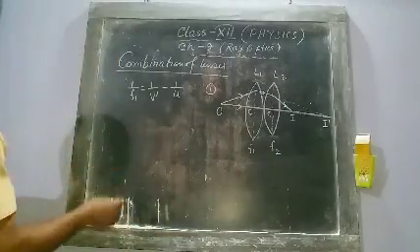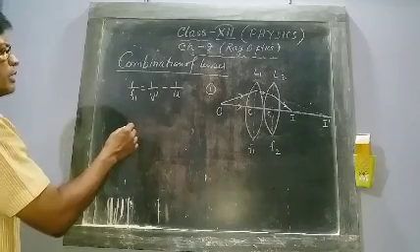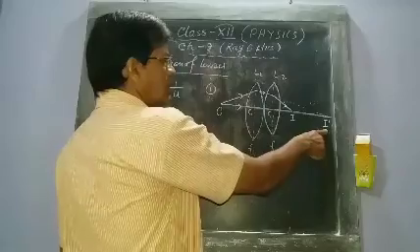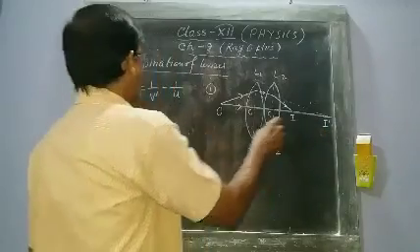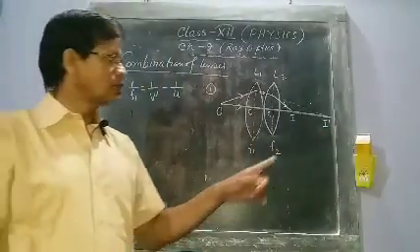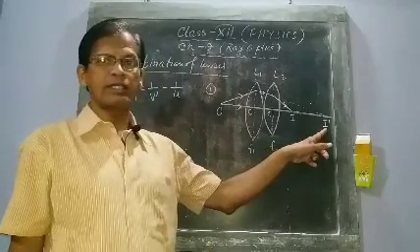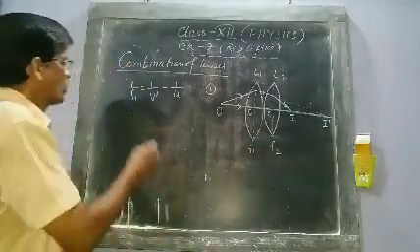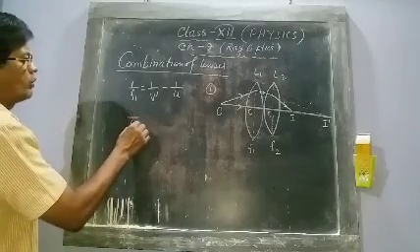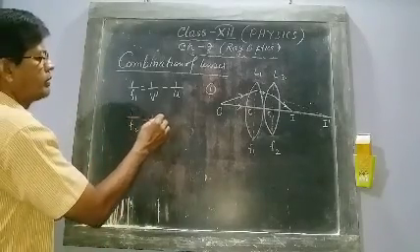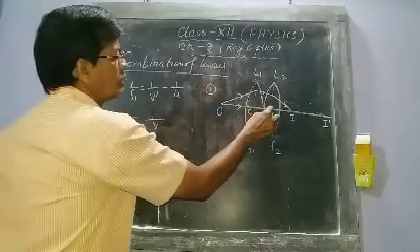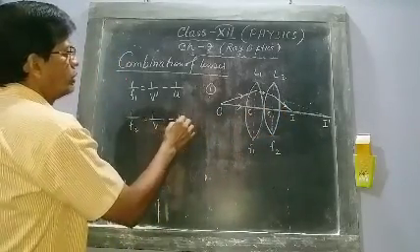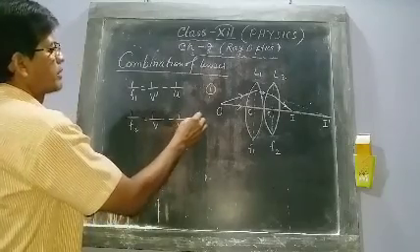And for the second lens, we can consider I dash is the object and I is the image. So 1 by f2 equal to 1 by v minus 1 by v dash, where u means v dash.